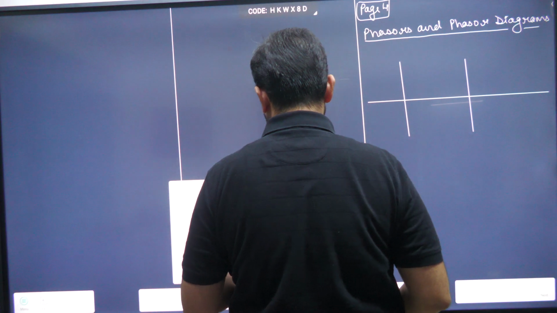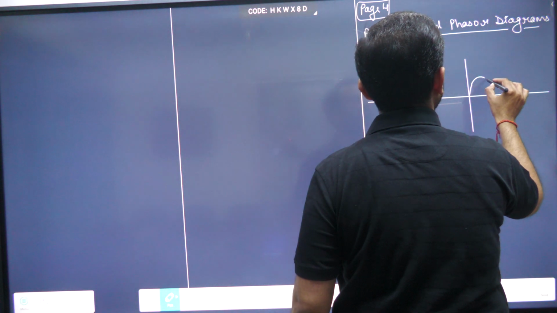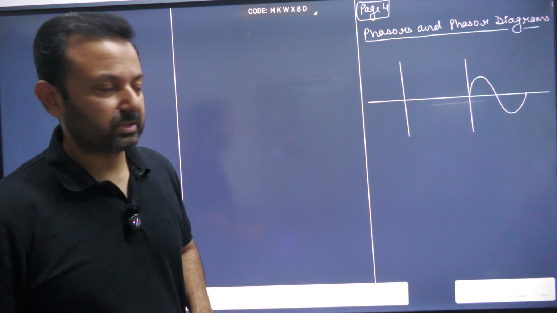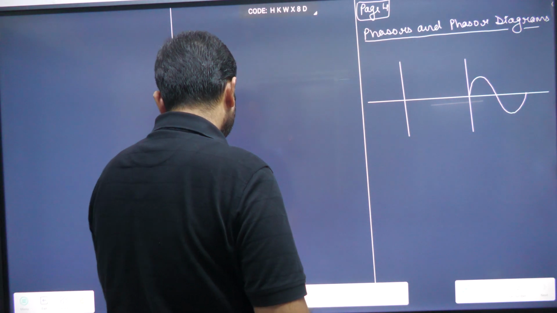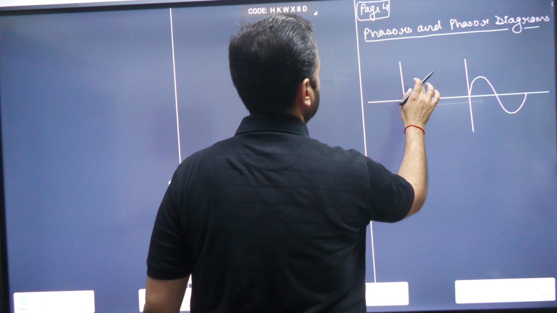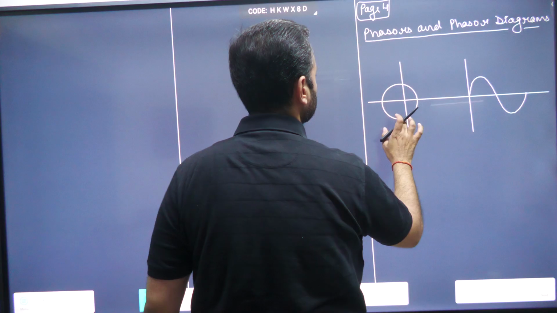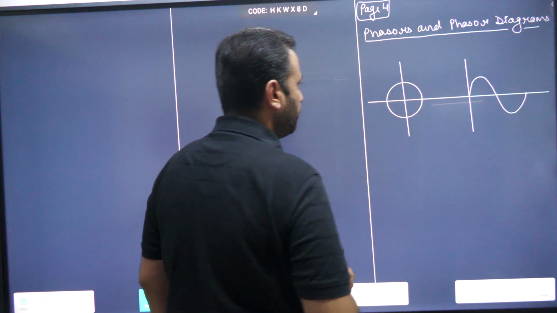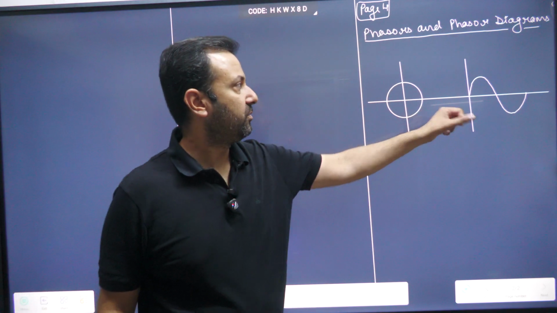Here we are going to draw an AC wave, a sine wave, then we will draw a circle. And now what we are going to do is match this wave with this circle.